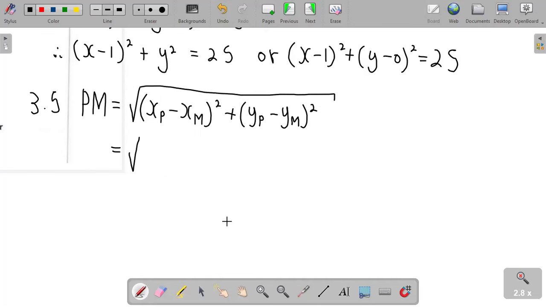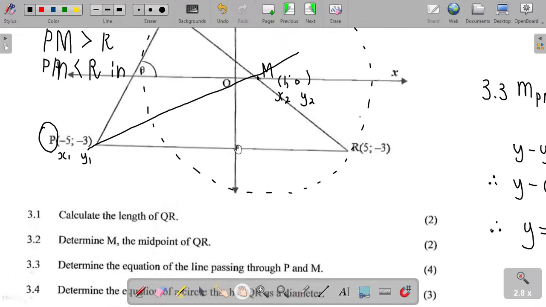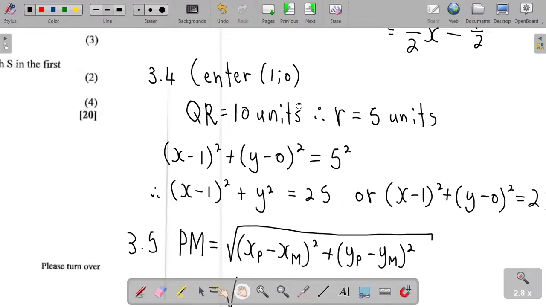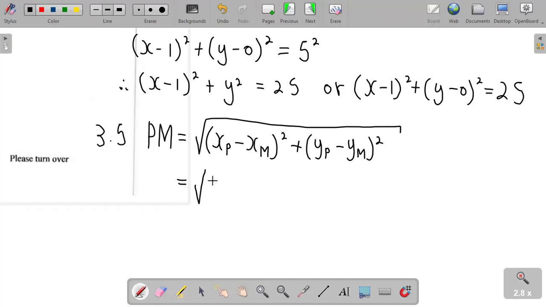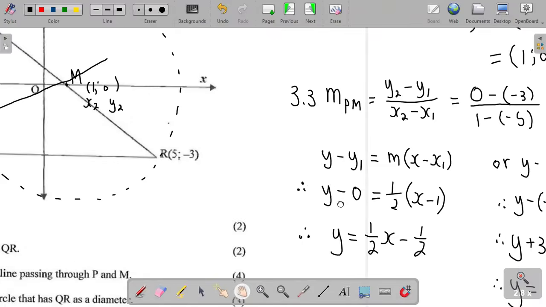So we take the x values. For P, the x is -5. So it's going to be -5 minus 1 all squared plus -3 minus 0 all squared.